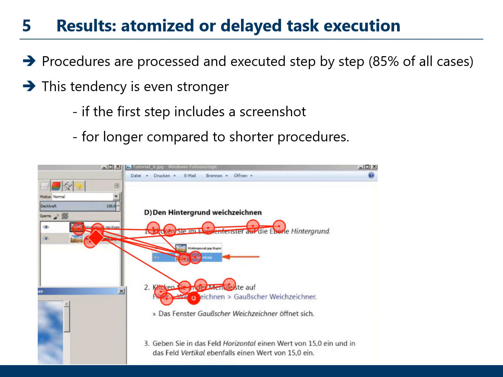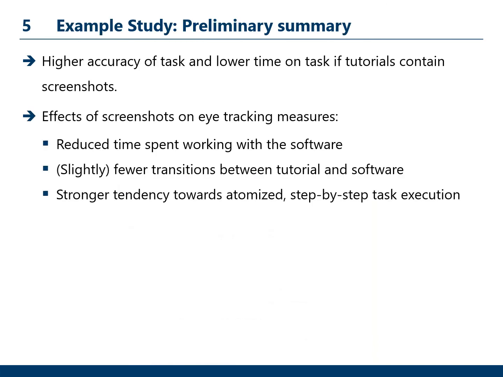The subject processes step 1, including the screenshot, then executes the action, and then moves on to step 2. This tendency is even stronger if the first step includes a screenshot, and it is stronger for longer compared to shorter procedures.